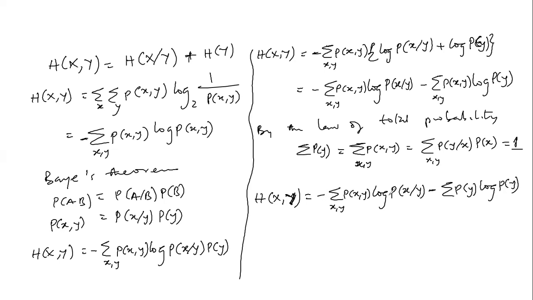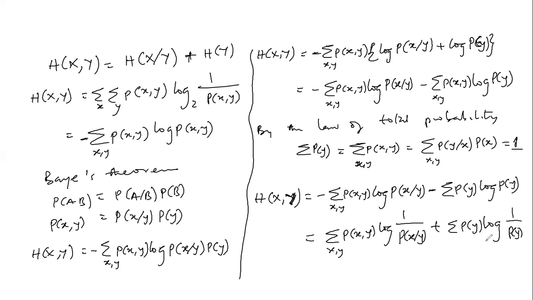And now if we move these negative values, so we are going to have sigma xy, P of xy, log 1 over P of x given y, plus sigma P of y, log 1 over P of y. And now this is the same as H of x given y plus H of y, which is the chain rule. So here we say end of proof, right?